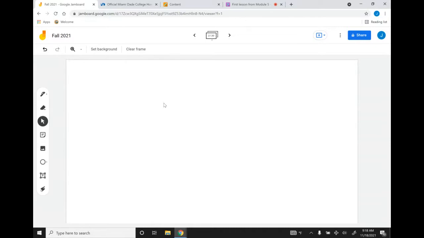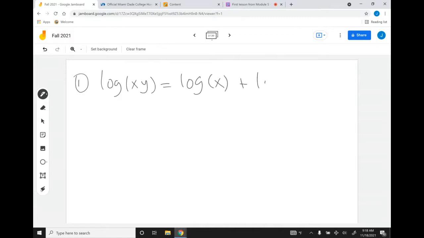That means that the topics that you already know from Module 4 will carry over to what we're going to do now, okay? One of the things that I like to review, and I'm going to rewrite some of the properties of the logs so that we know we already know this. This time we're going to be solving logarithmic equations, and we're going to be using these a lot.